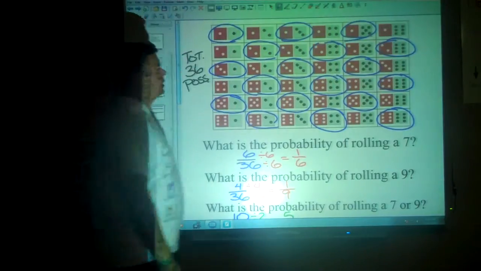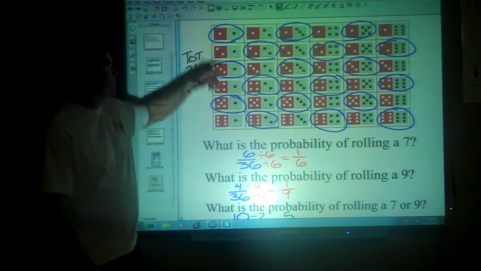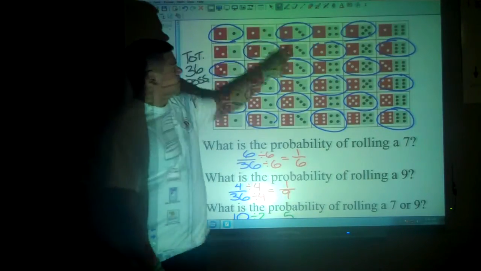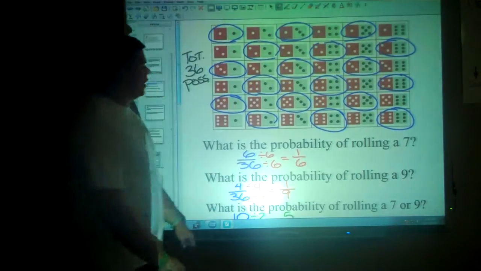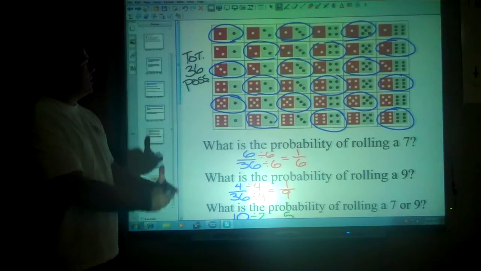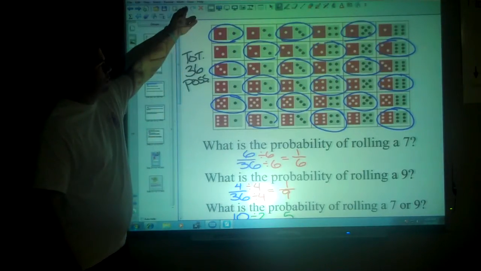An even amount. Sure looks like 18 of them. 1, 2, 3, 4, 5, 6, 7, 8, 9, 10, 11, 12, 13, 14, 15, 16, 17, 18. There are 18 favorable even numbers out of the 36.